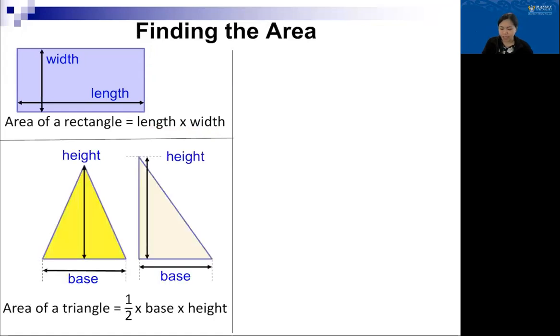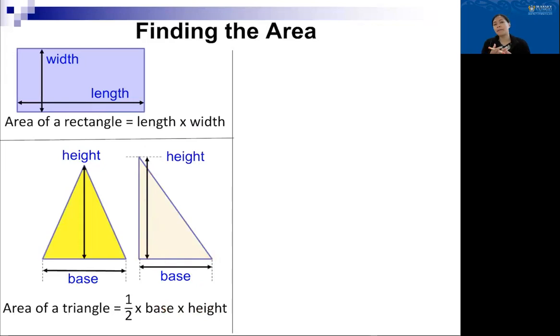If the shaded area looks like a triangle, then you can calculate the area by using this equation for the area of a triangle, which is 1/2 multiplied with the base multiplied with the height of the triangle. So the base there is this horizontal, the shorter side, and the height of the triangle.